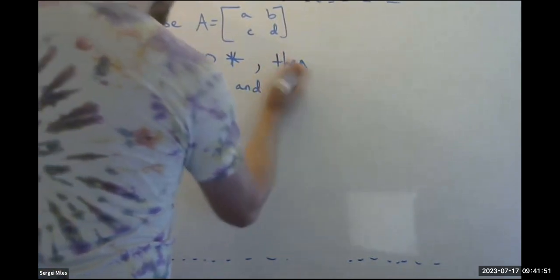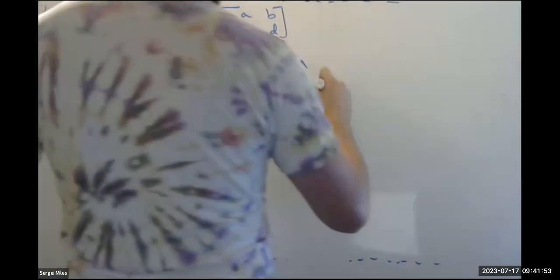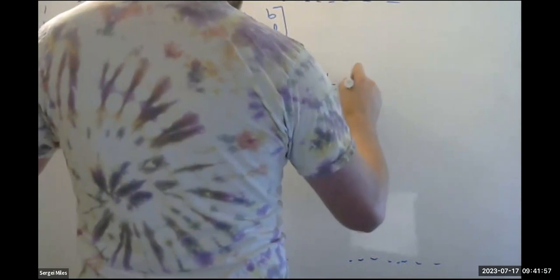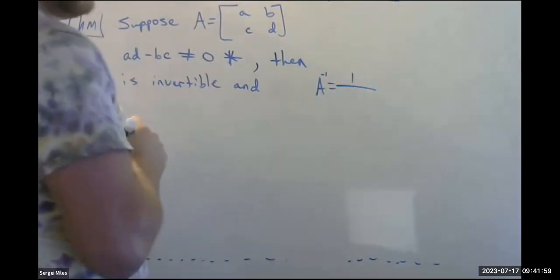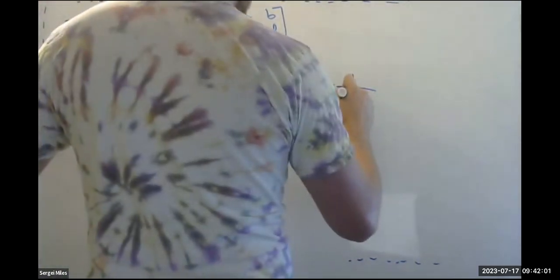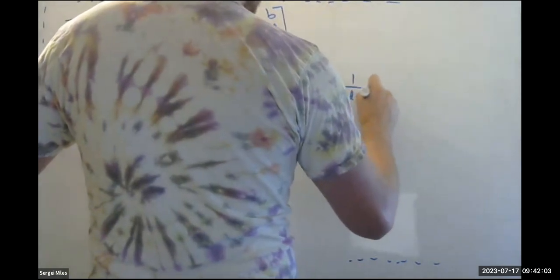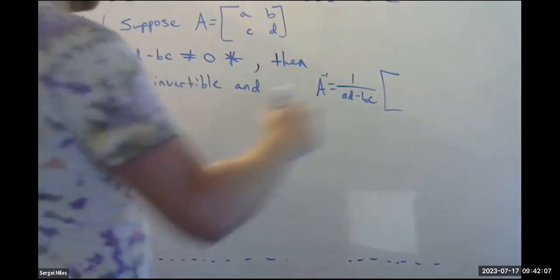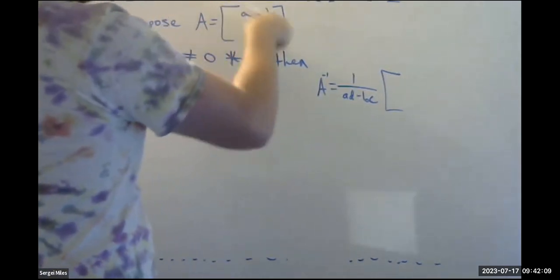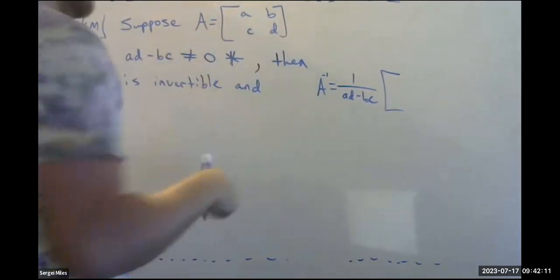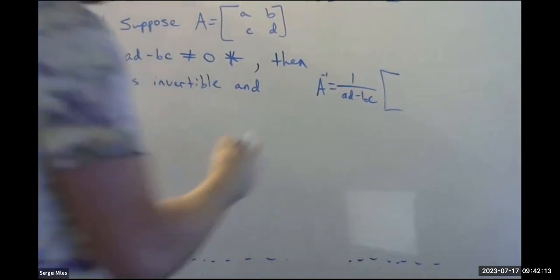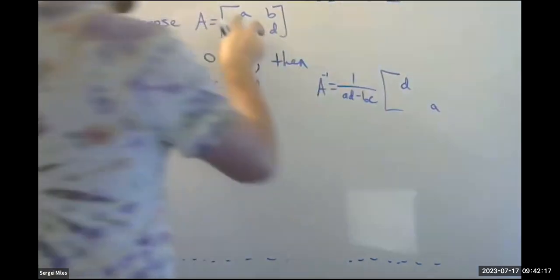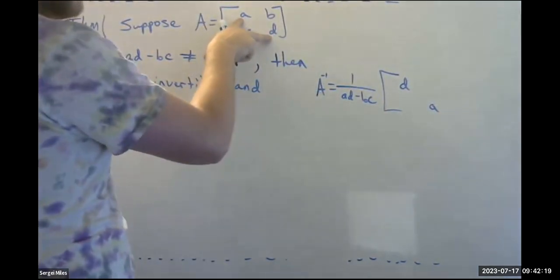and moreover, what is the inverse? A inverse is going to be this weird formula where on the outside of the matrix, we have to divide by AD minus BC, and then we're going to multiply it times the matrix where I'm going to flip the first diagonal, the left to right diagonal. So I'm flipping A and D here.